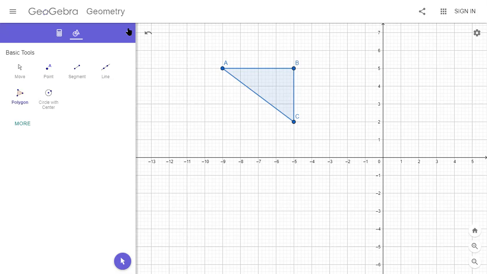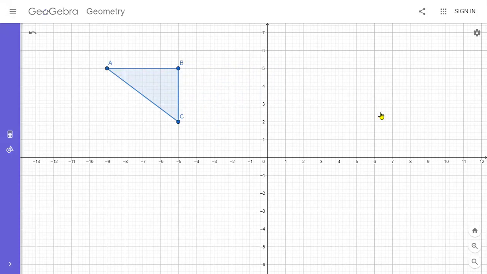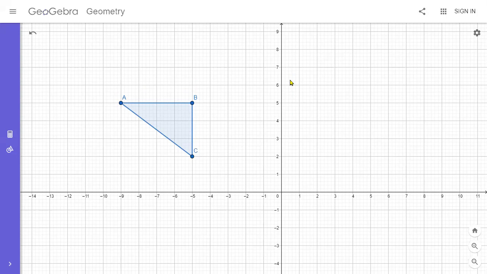Let me zoom here. By taking the y-axis as the mirror, we are going to reflect this pre-image, and then we will get the image of this object on the opposite side of the mirror.